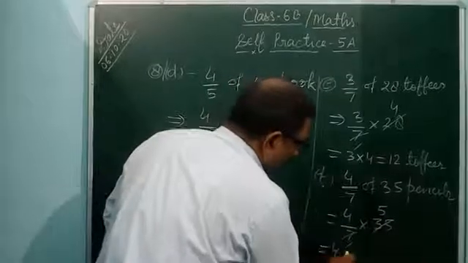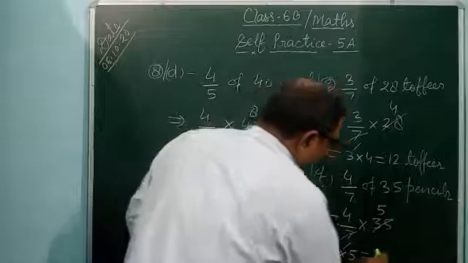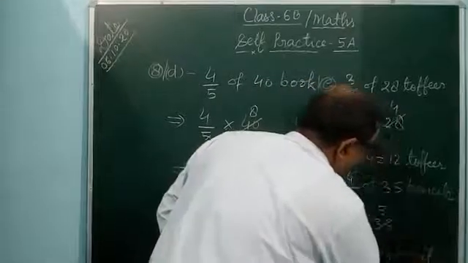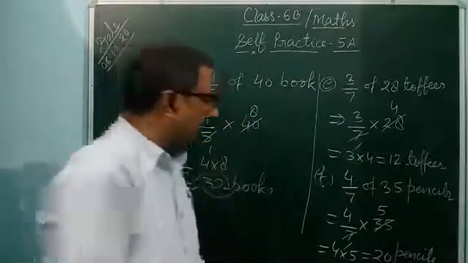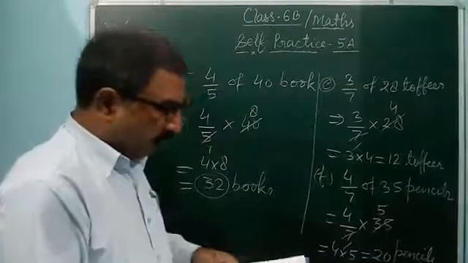After that 4 into 5 equal to 5 4 is 20. 20 pencils. So 4 by 7 of 35 represents 20 pencils. Like that you can complete.